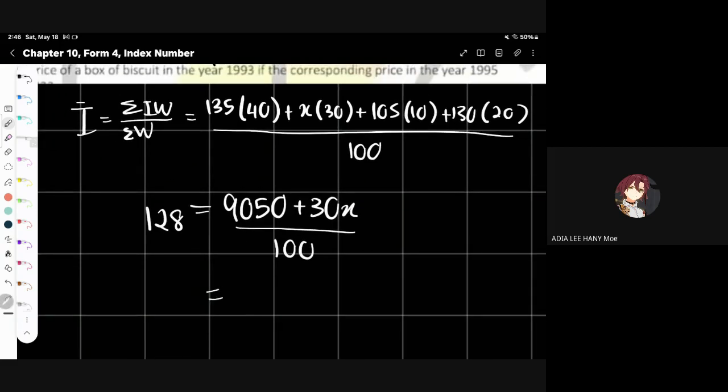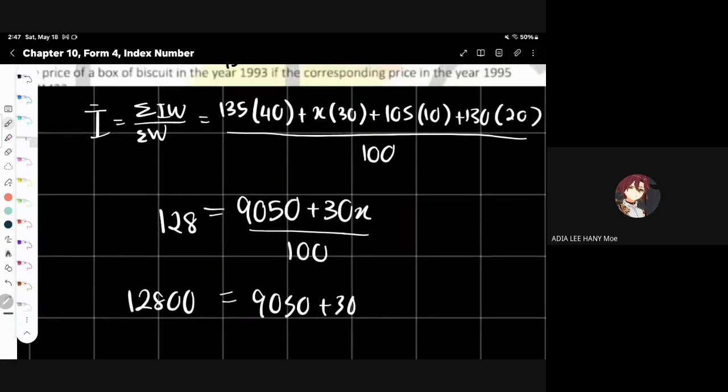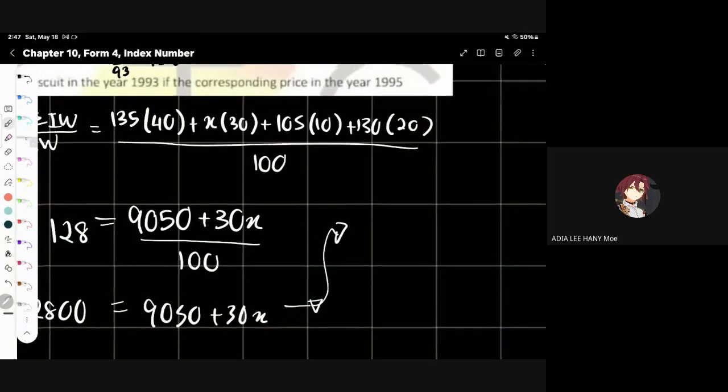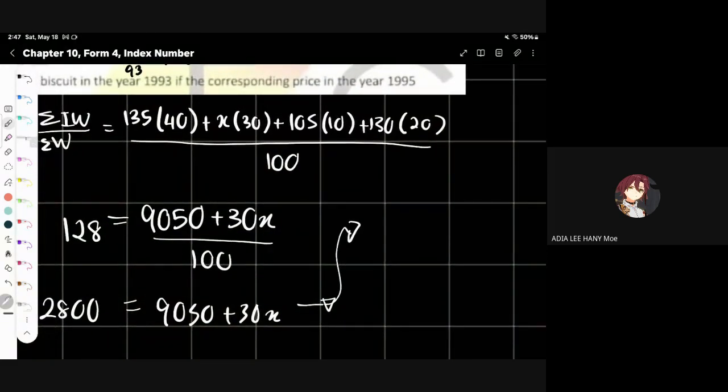Now do basic math. So this one moves to this one, the times. So 128 times 100 should be 12800. I don't have space down there, so I'm just going to write here. So now 12800 minus 9050 and then divided by 30 because of x, right?